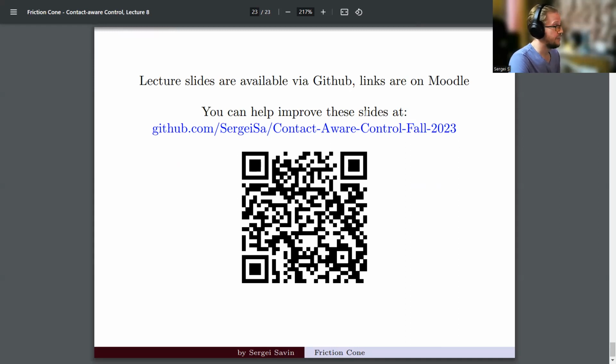Now that we covered friction cone, next we are going to quickly discuss breaking contact. So what happens when the contact is broken, how it is described. And after that, we will be able to study modern techniques for quadrupeds, which would have to do with 2 things. One is simplified models.